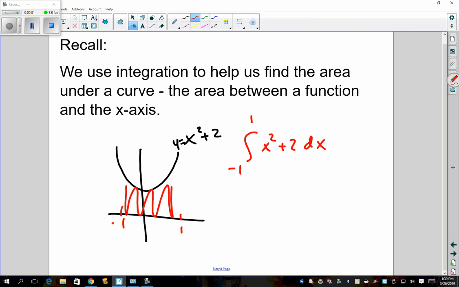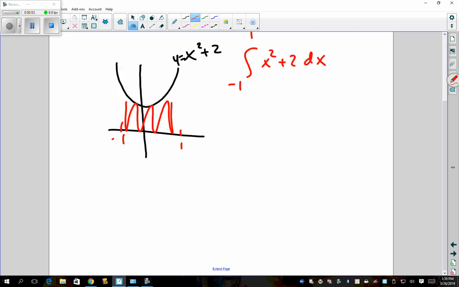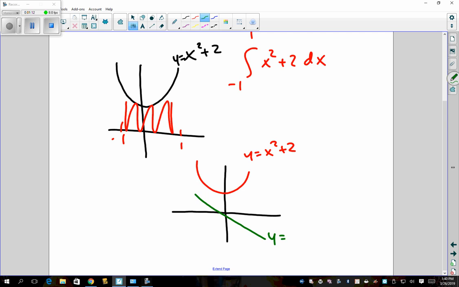What we're going to be dealing with today is when we have multiple functions. So let's say we were given, again, the function y equals x squared plus 2, and let's give ourselves the function y equals -x.